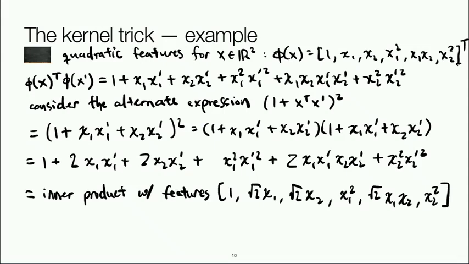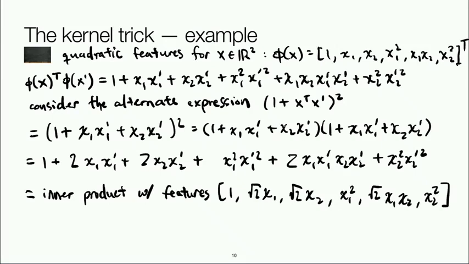So basically what I've done here is built a quadratic featurization without ever actually explicitly constructing that featurization.